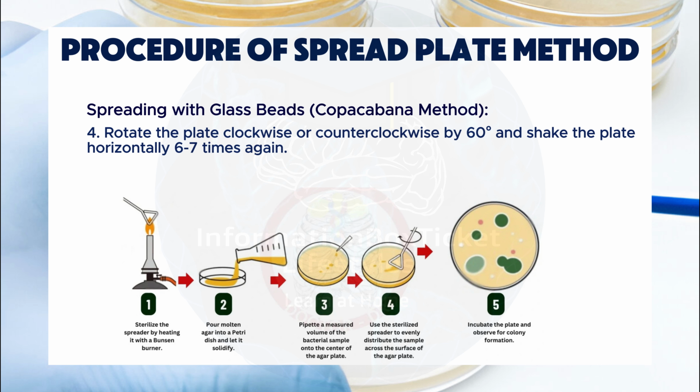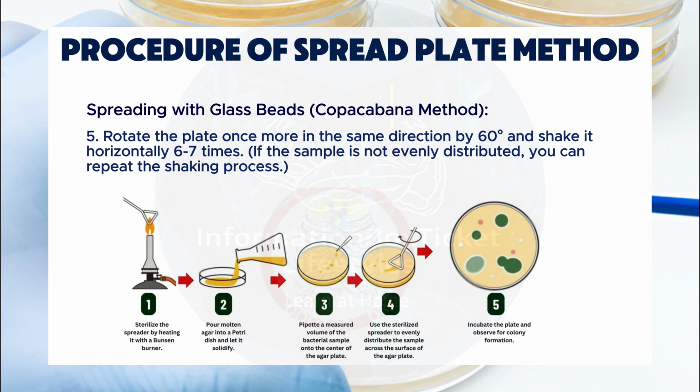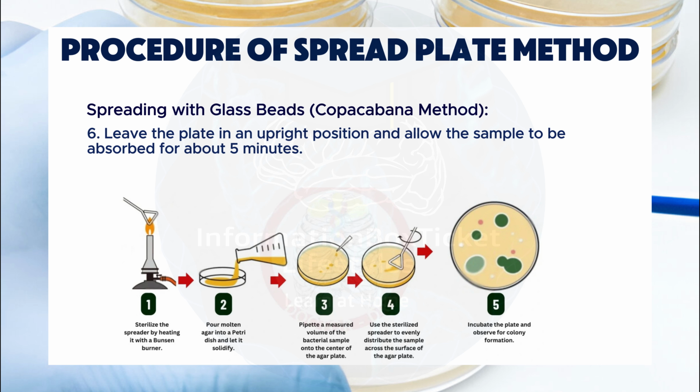4. Rotate the plate clockwise or counterclockwise by 60 degrees and shake the plate horizontally 7 times again. 5. Rotate the plate once more in the same direction by 60 degrees and shake it horizontally 7 times. If the sample is not evenly distributed, you can repeat the shaking process. 6.